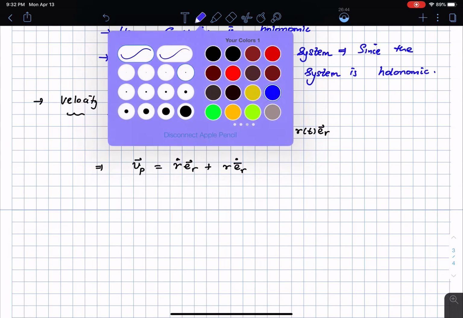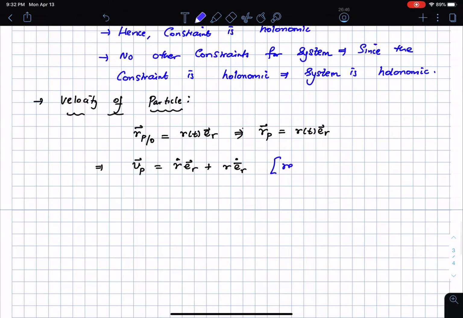Once again, I'm urging you to resist the temptation to substitute r dot is equal to 0. That is a key statement that I want to make here. We can of course do it later, no harm done, but not yet.